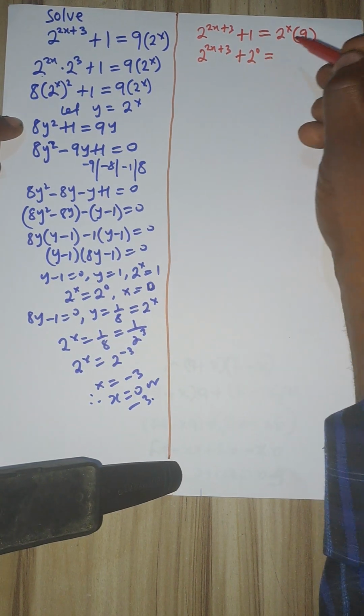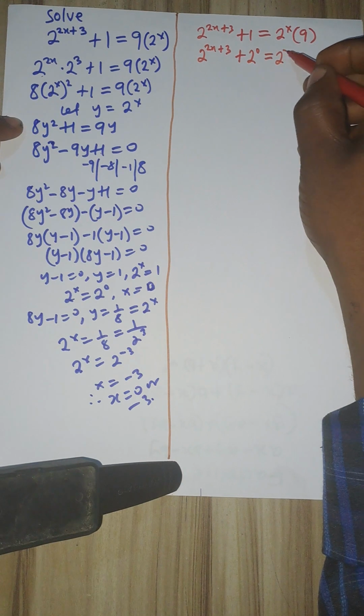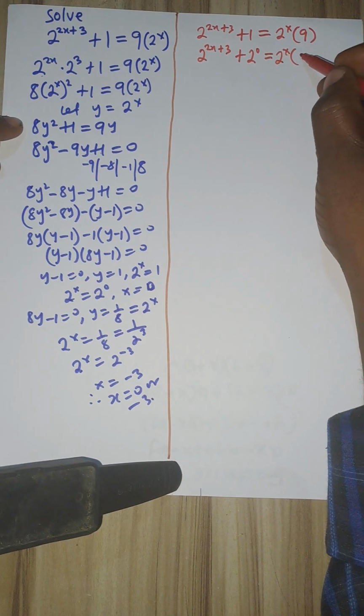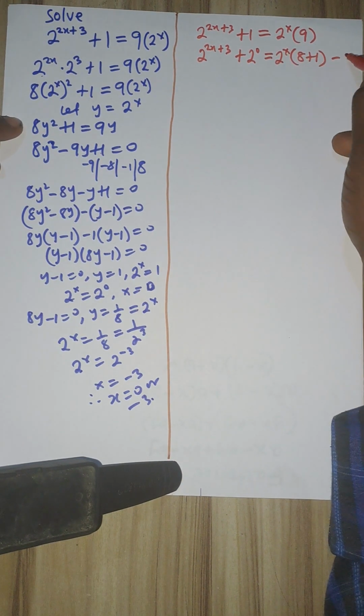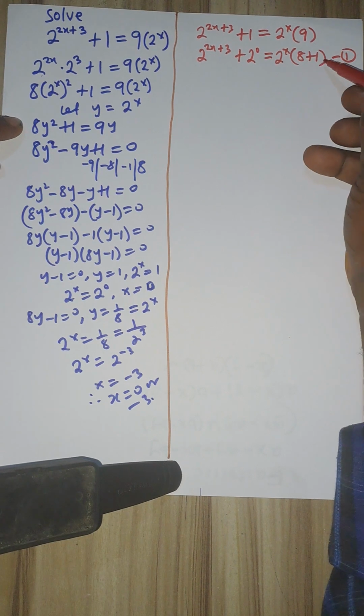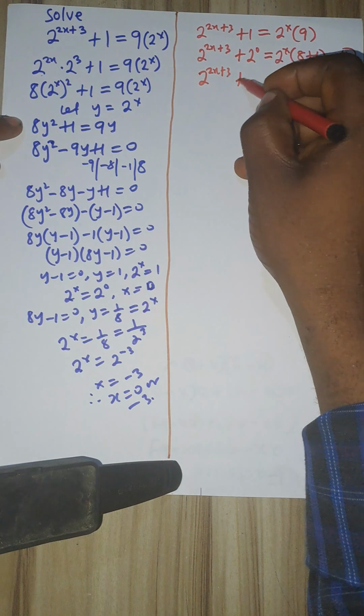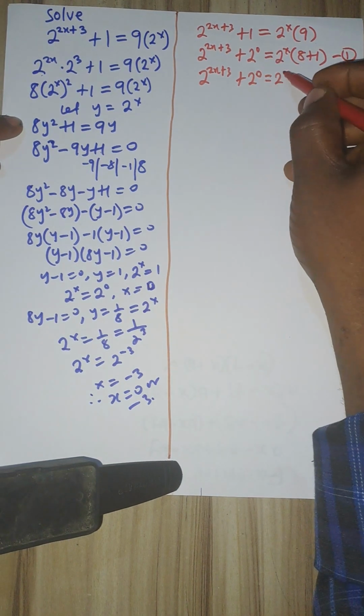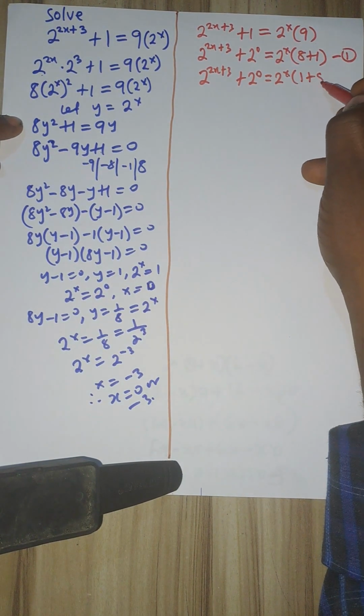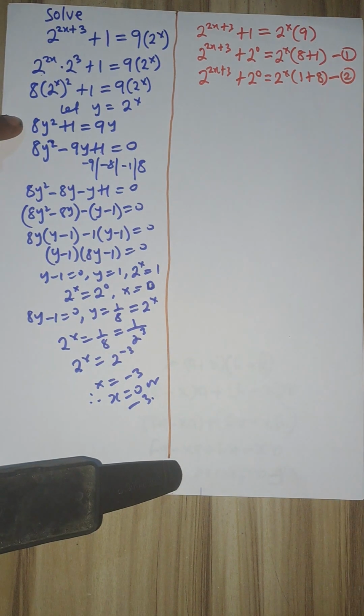Okay. And that gives us 2 to the power of x. Now 9 is something as 8 plus 1. Call it equation 1, because 9 is just 1 plus 8. So we have 2^(2x+3) plus 2 to the power of 0 equals 2^x times (1 plus 8). We call it equation 2.